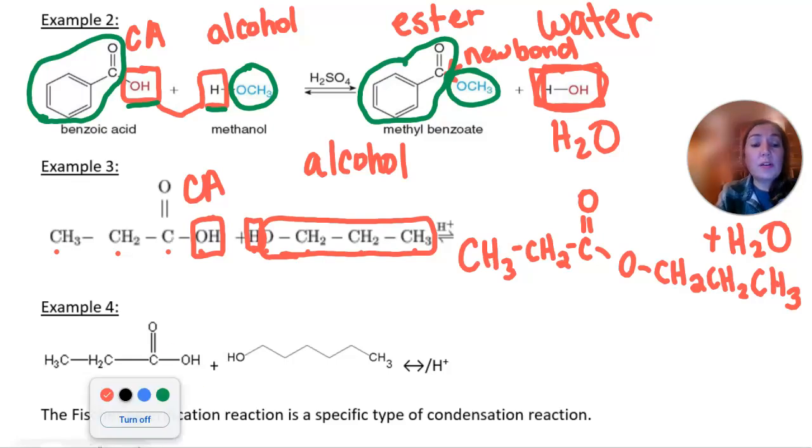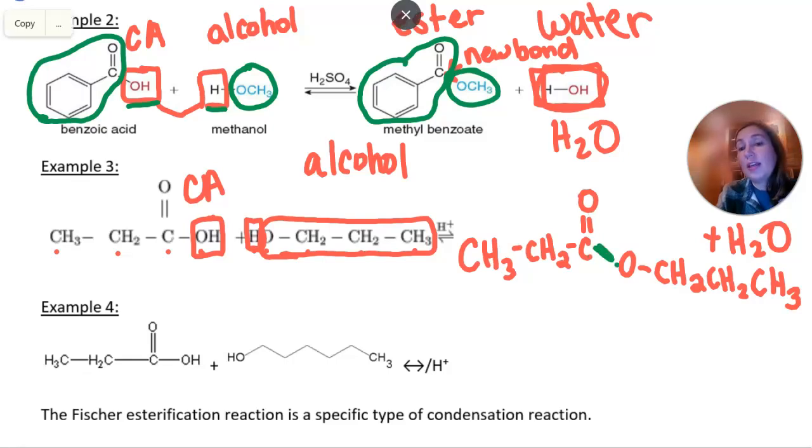So, where's our new bond? Right here between the C double bond O carbon and the adjacent oxygen. There's our new bond. And again, our OH of our carboxylic acid got together with our H of our alcohol to make our water.